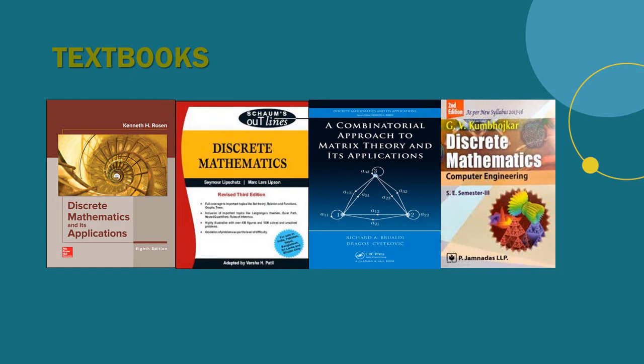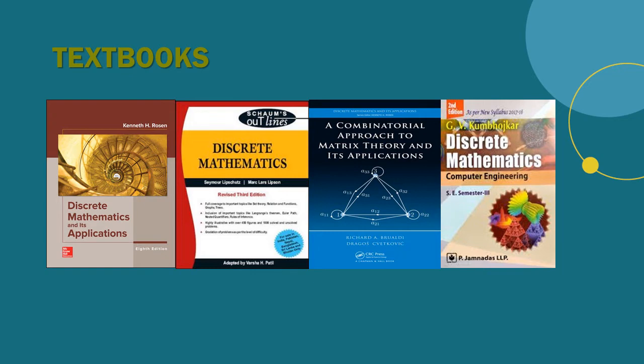Third one is A Combinatorial Approach to Matrix Theory and Its Applications. That book is not a discrete mathematics book. It is based on graph theory, because discrete mathematics also contains graph theory. If you want to learn graph theory, the third book is very important.